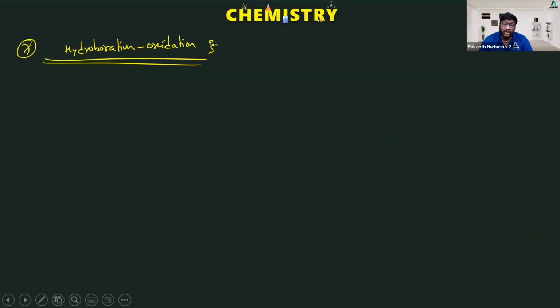So the pi electron density of the alkene is going to be attacked by borane or diborane, and you will be forming the respective alcohols.